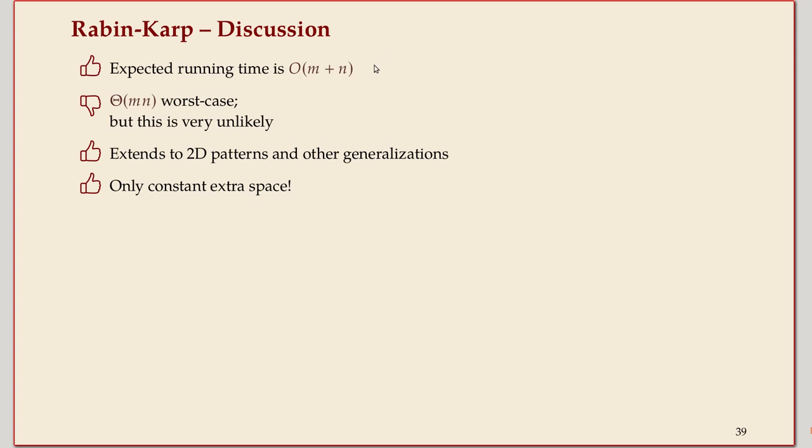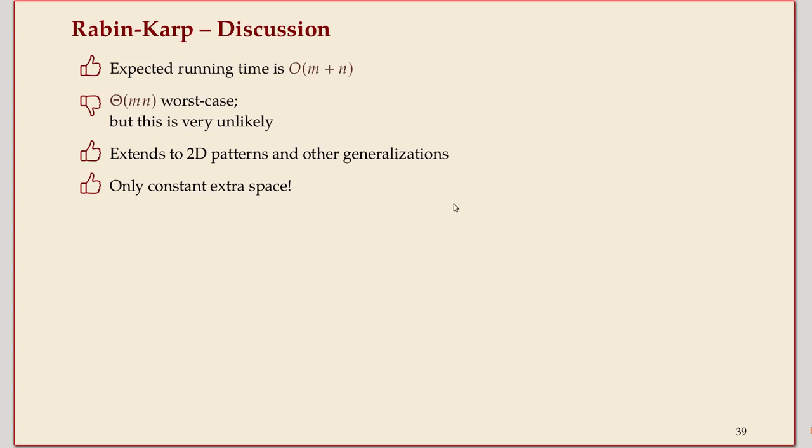But for inputs, if you're just interested in the first match, or if your text is not degenerate, and if you choose a good enough random hash function, then you can prove guarantees like the expected running time is n plus m. So you have to be very unlucky for this method not to work. So it's safe enough to rely on it.